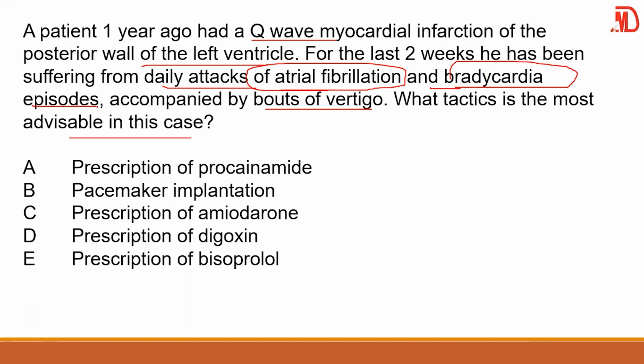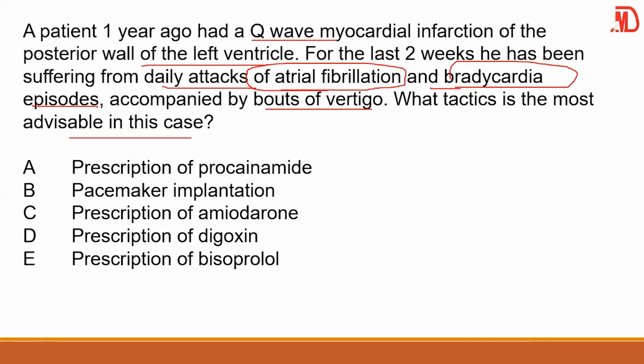There's not enough impulses for contraction to take place. Do you get me? So that is what we are looking out for. And if it is that, then this is simply an indication for a pacemaker implantation.